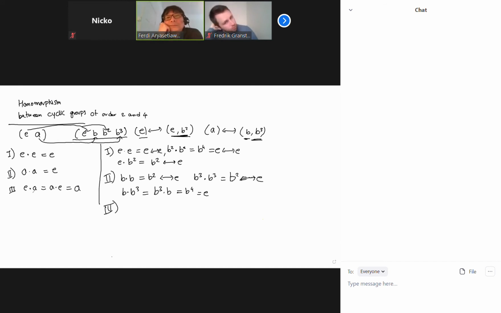So if we take another element from E and another element from here, that's what this essentially is. That would be B, but it's the same for both of those elements, the identity, so that's quite trivial. But we could consider a slightly more exciting case where we have B2 and B, which would give us B3, which is associated to A, or B2 and B3, which gives us B5, but there's no B5.